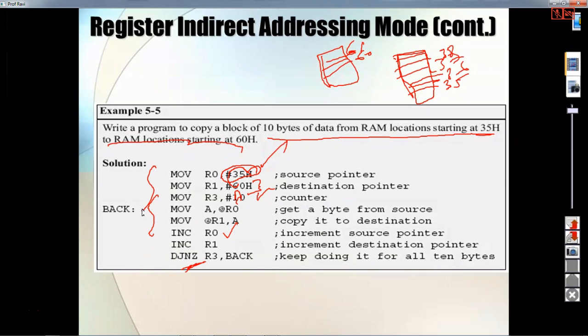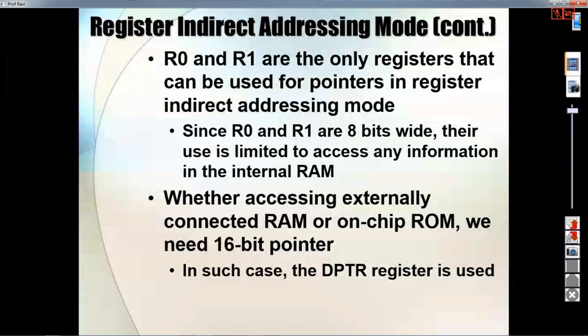A small piece of program you can write using indirect addressing mode, where the registers are used as pointers. Here you cannot use all the registers as pointers. R0 and R1 are the only registers that can be used as pointers in register indirect addressing mode.